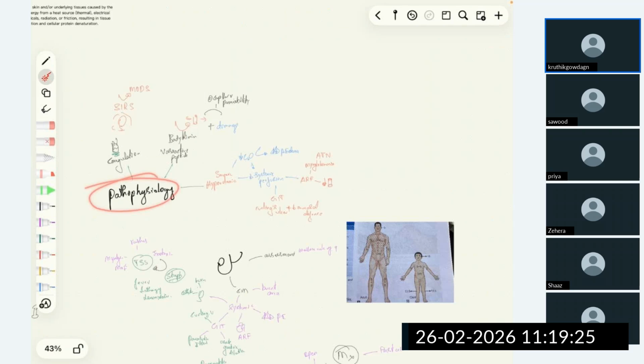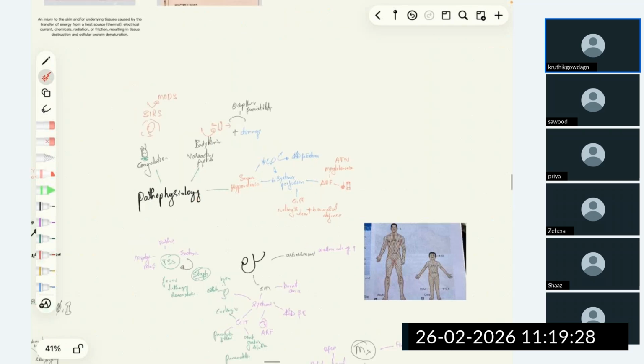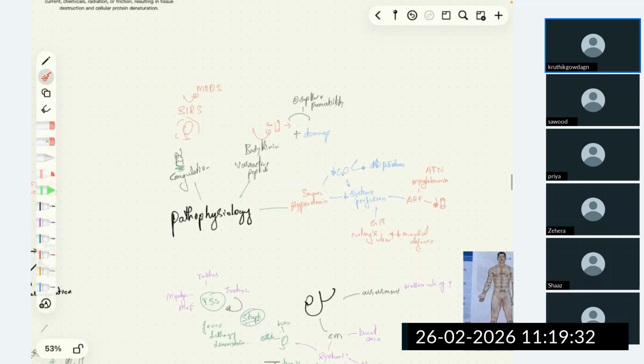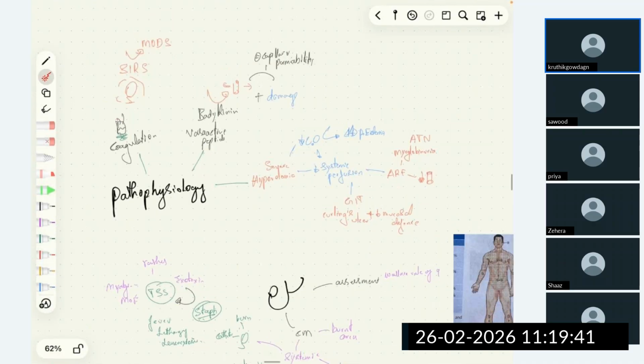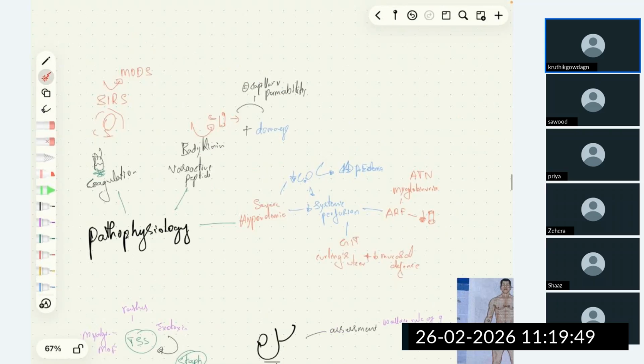We all know what happens when any energy causes burns. There will be coagulation of proteins and the tissues in the skin and subcutaneous tissue. Due to this damage of skin and subcutaneous tissue, there will be release of vasoactive peptides like bradykinin. This bradykinin is a potent vasodilator.